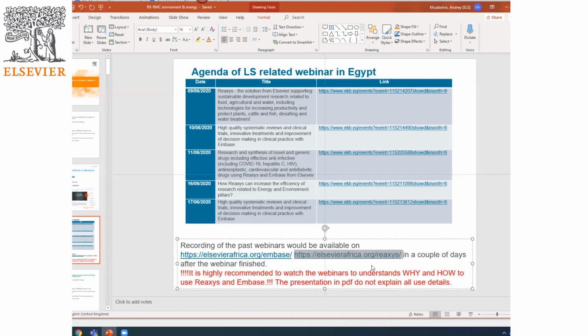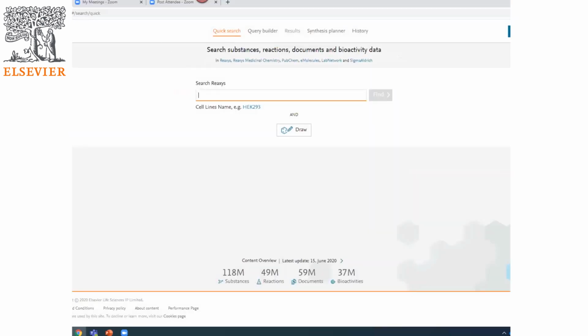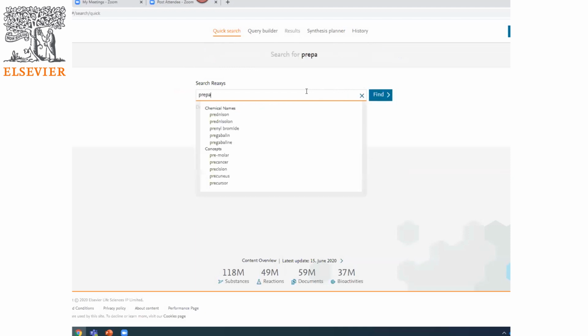What also is interesting in Reaxys, I think we can go to the online demonstration. So right now I'm in Reaxys, and as you see, it's exactly the same as we discussed. Let's try to search something related to preparation of, let's use this cisplatin example, or we can use any other compound.